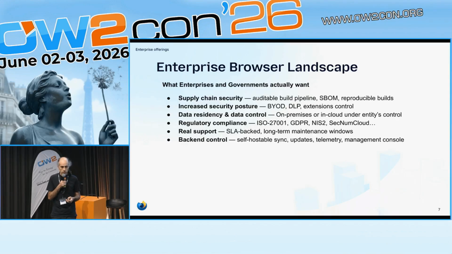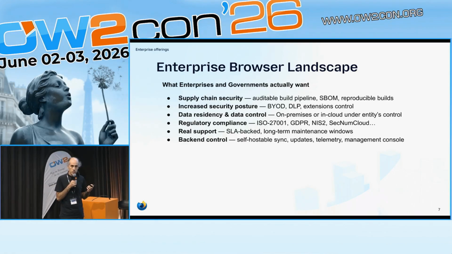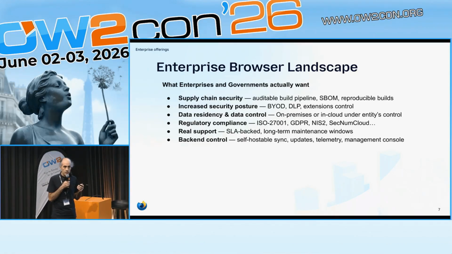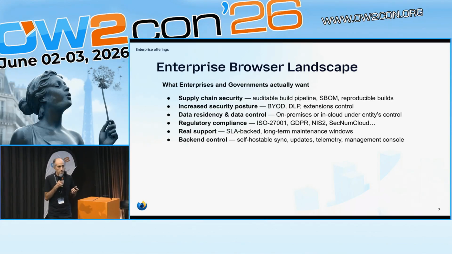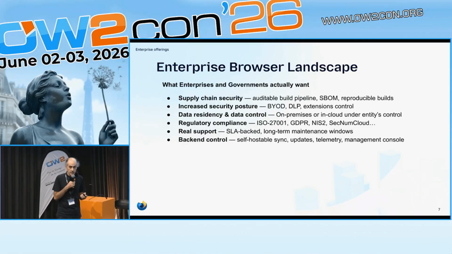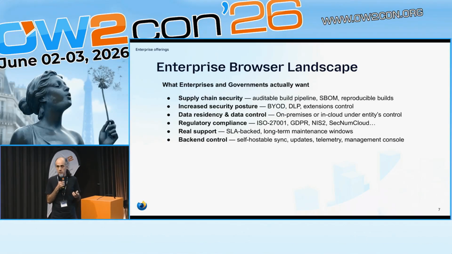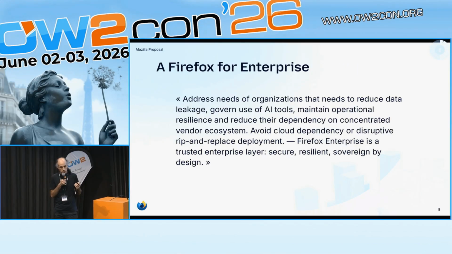They want to have control over that because it can contain sensitive data. They want to be able to control how they ship updates. They want to be able to see the telemetry because they want to see how people are using the browser, if they are hitting issues, and they want, in general, a management console to be able to control all of the instances of the browser.